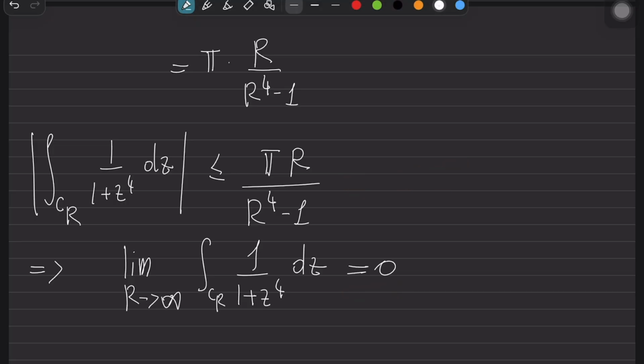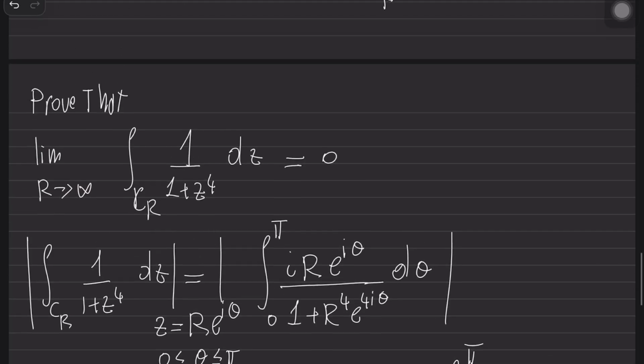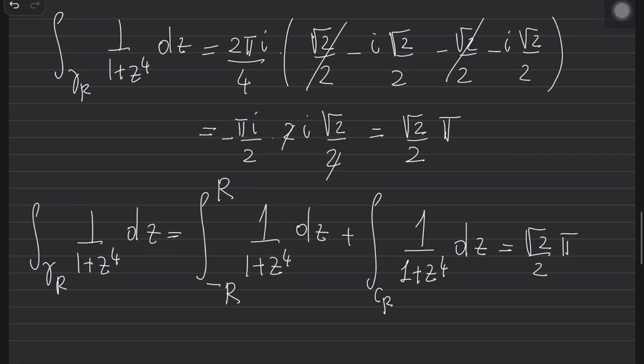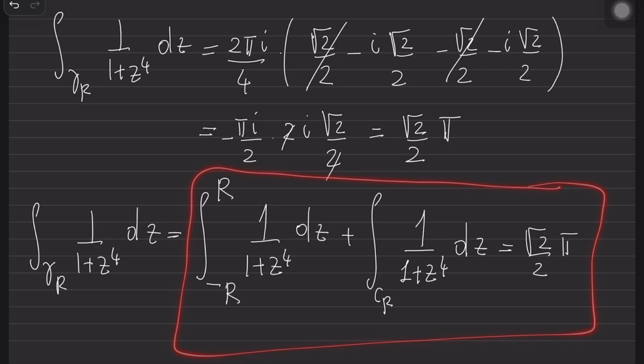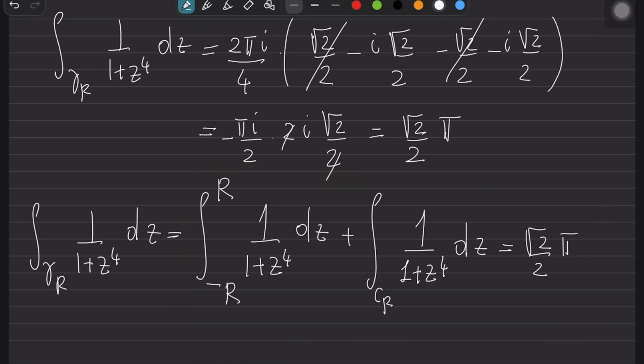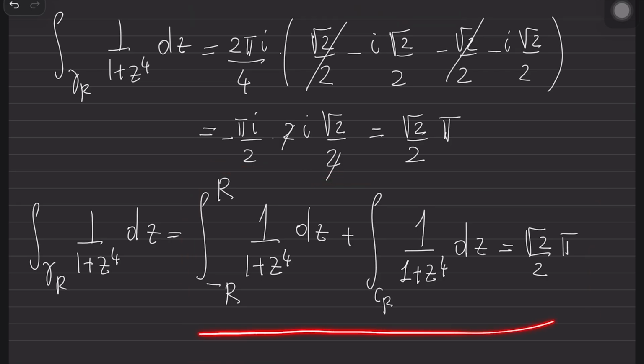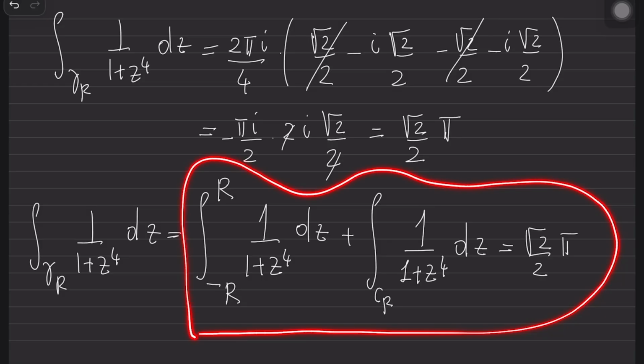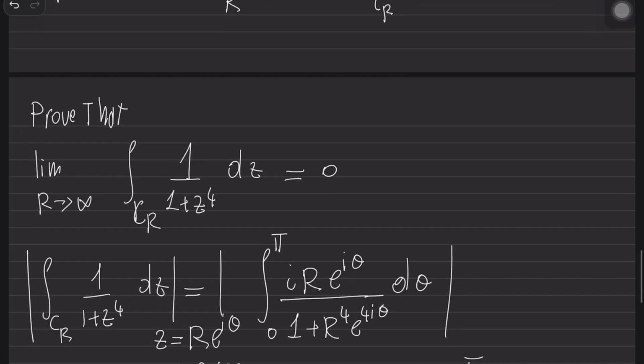Okay, and now the last step. Let's go back a little bit. We have seen that this equality holds true for all r. So in particular, it holds true when I take the limit on both sides as r goes to plus infinity. Let's rewrite it.